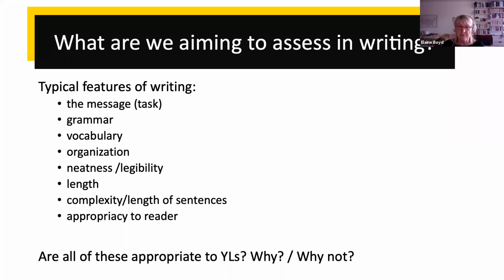So, for example, if you think it's very important they know how to organize their writing and you're going to assess that, then you put a tick for organization, but you can put as many ticks as you want. So could you start thinking about that, and then we'll see what everybody thinks.